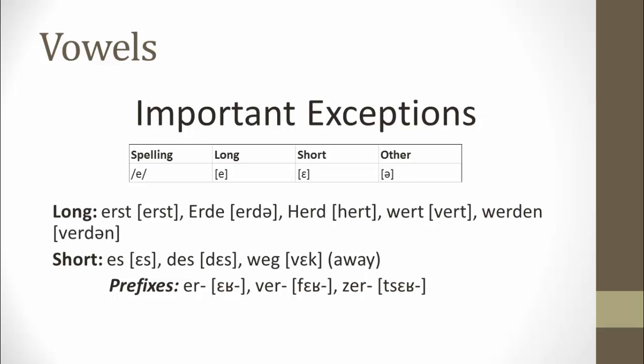For the written E: erst, Erde, hiert, wird, werden. Es, des, weg. And our prefixes ver, zer.